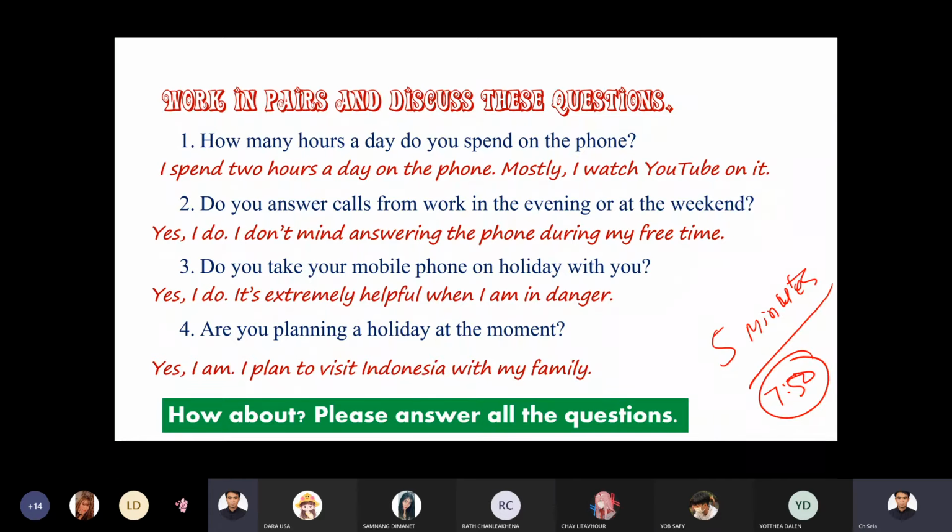Otherwise, you cannot. Now you can watch only the old version of animated movies because you cannot access the new ones. Do you have a Netflix account? You know Netflix? If you have a Netflix account, you can access all new and live animated movies. So see, the question is whether you have money or not.